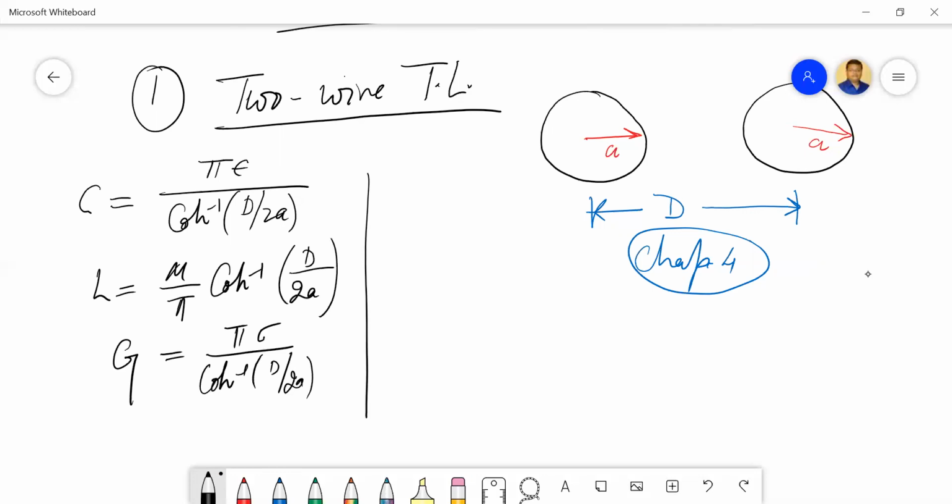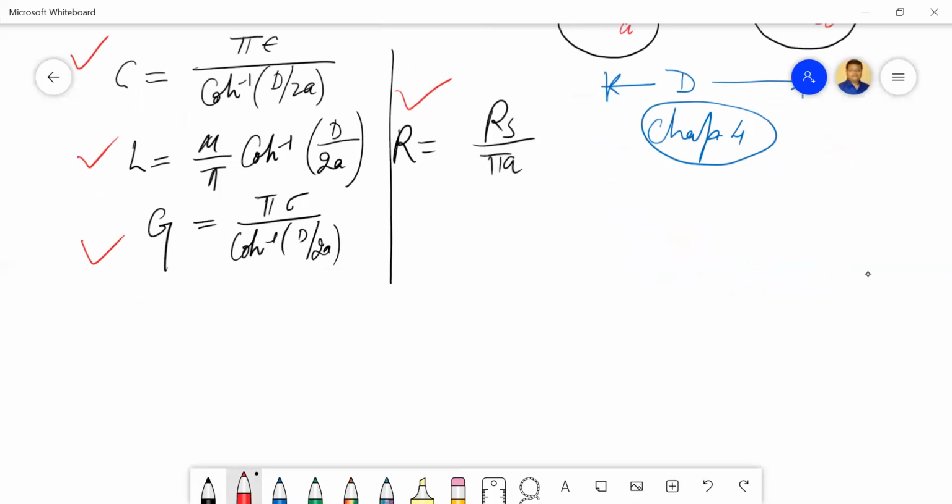And finally R is Rs by pi a. These things we already derived in electromagnetic theory. Now if you carefully see these formulas, you will find they come with geometrical parameters as well as material parameters. You please check. Everywhere you will find the material parameter and the geometrical parameter.